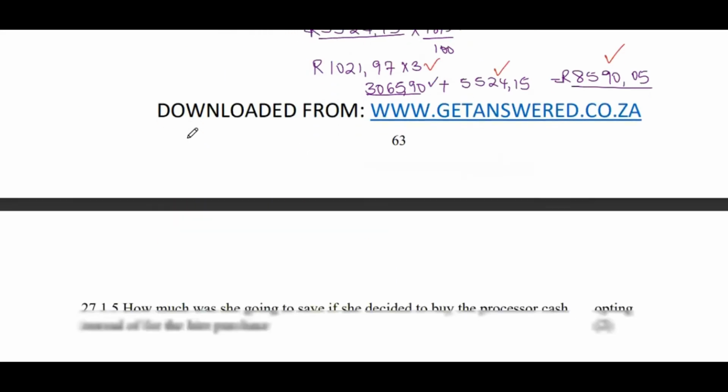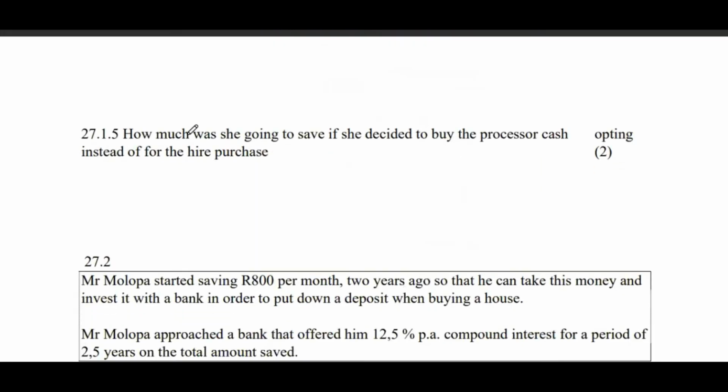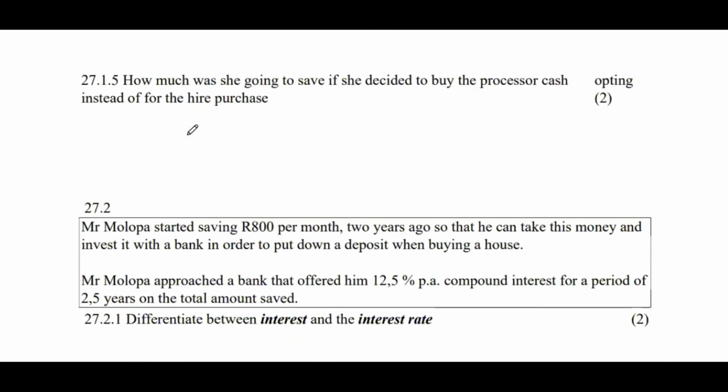All right, let's go to the next question. It says, how much was she going to save if she decided to buy the processor with cash instead of the hire purchase? Now here we just need to look for the difference.